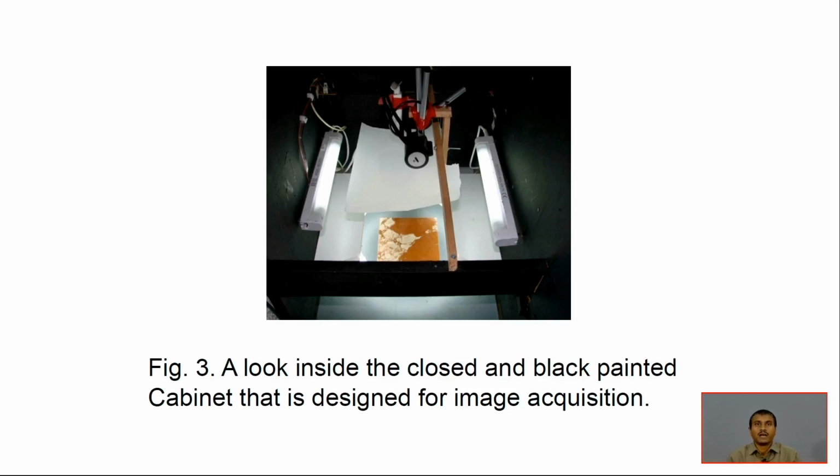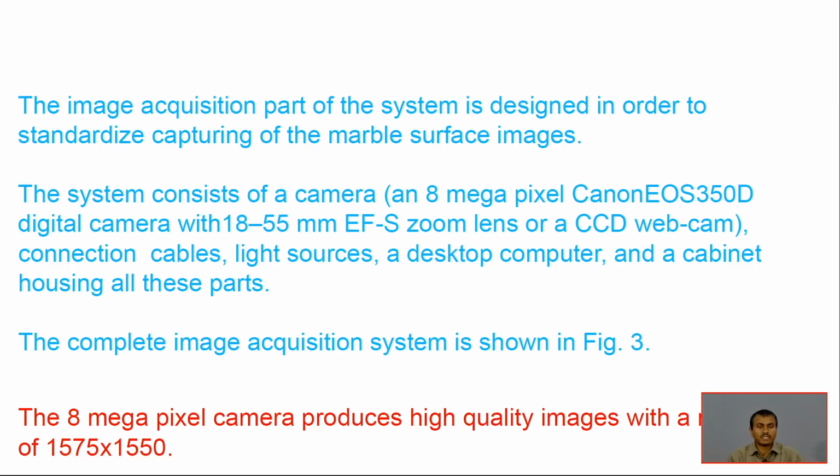The camera specification is an 8 megapixel Canon EOS 350D digital camera with an 18 to 55 mm EFS zoom lens, or we can use a CCD webcam as well. This camera is fitted with a USB cable to the computer.